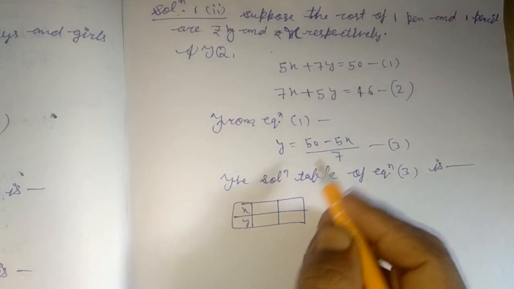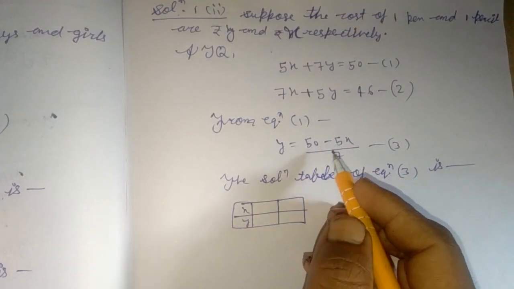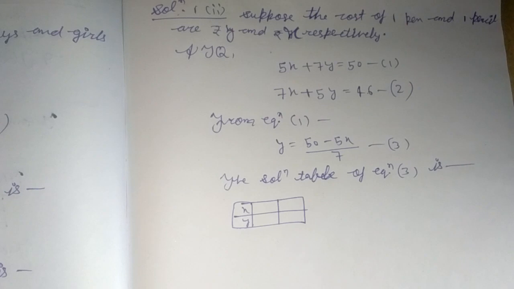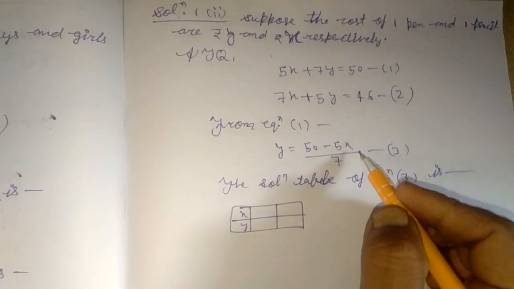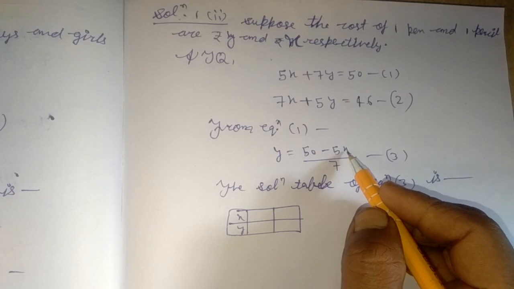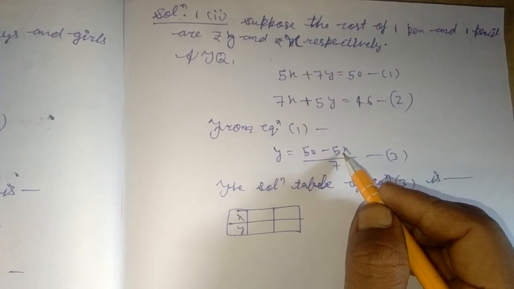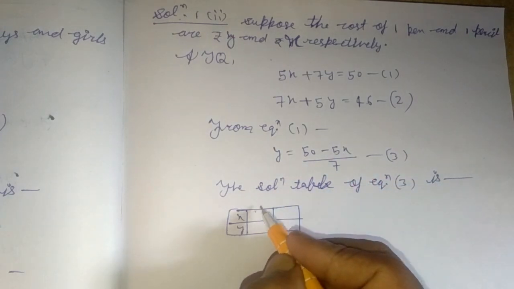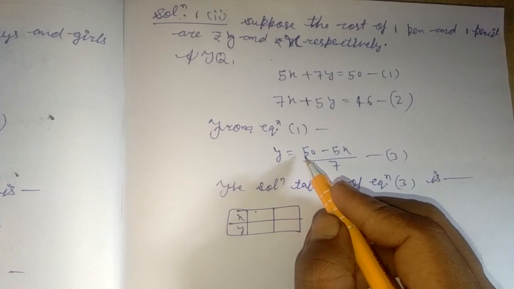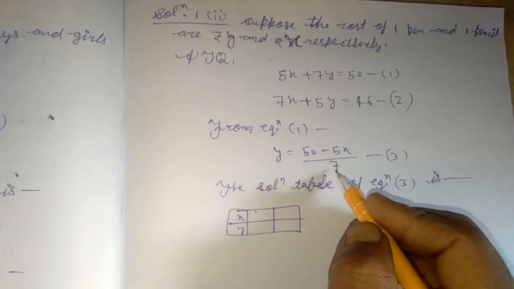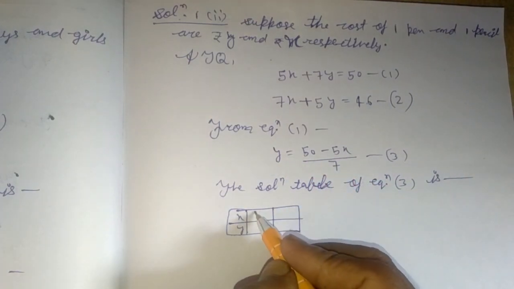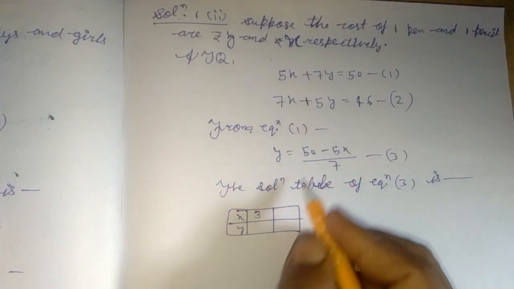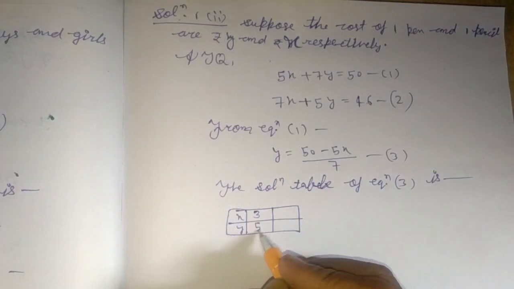We take values of x such that we get the value of y as an integer. When we put x is equal to 1, we get 45, 2 we get 40, 3 we get 35, and 35 is divisible by 7, so y is 5.